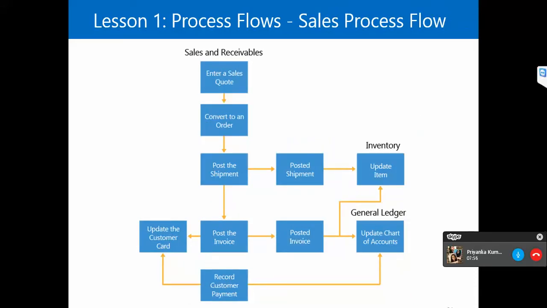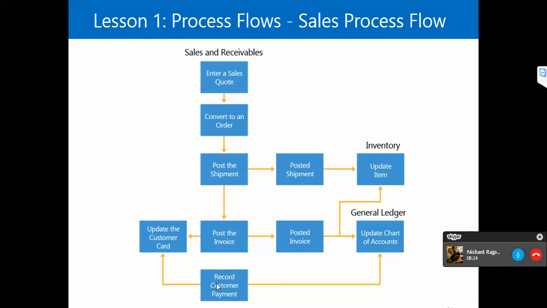In sales, we did not create a quote, though we could have created a quote and converted that quotation into an order. We started from here. We created an order and posted the shipment. With the posted shipment the inventory went down, and we posted the invoice, and with that my accounts were updated, and then we did a payment to the customer.